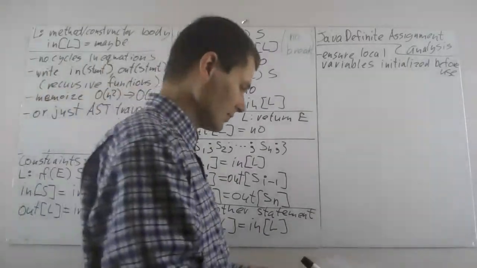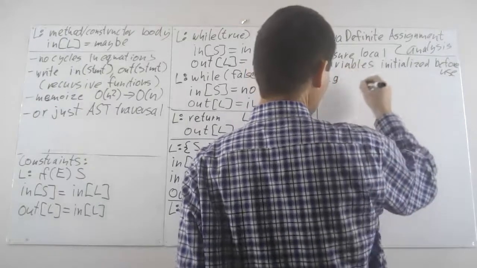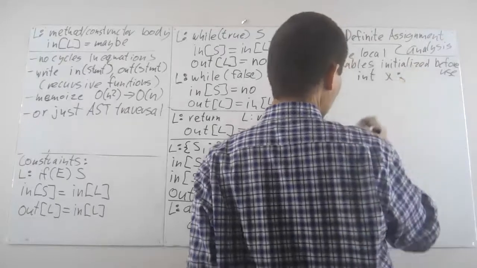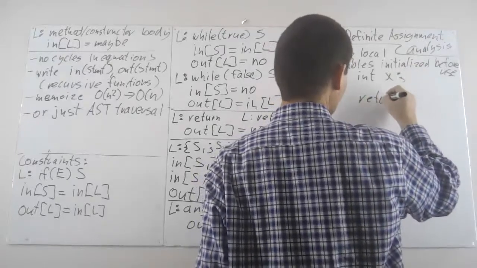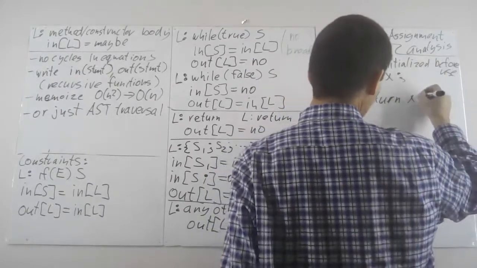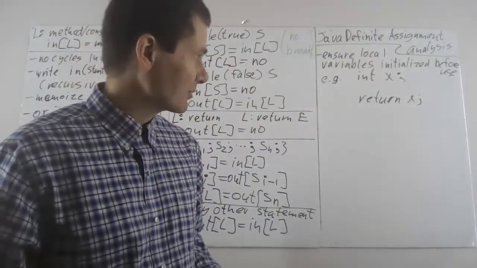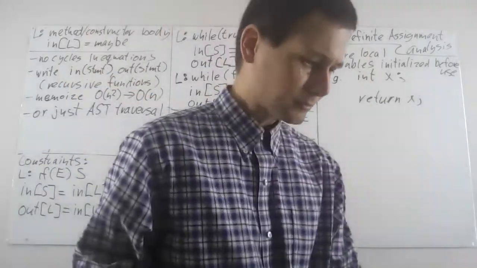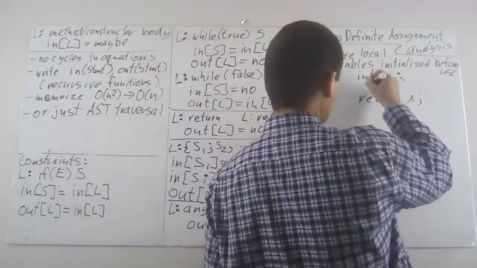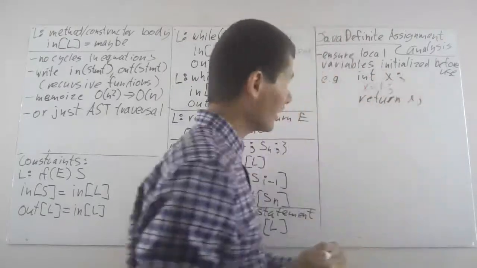As an example, if I'm in some function and I declare X, and later I return X, or I use X for something else, then this would be an error. But this analysis would make sure that somewhere in between, I have always written a value to X.